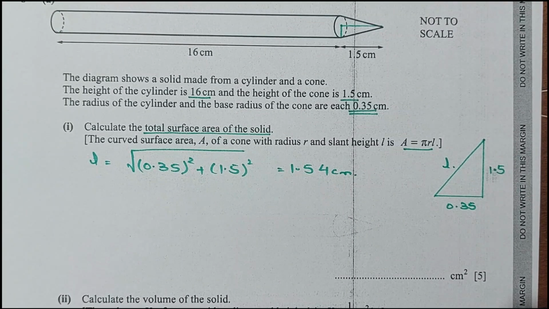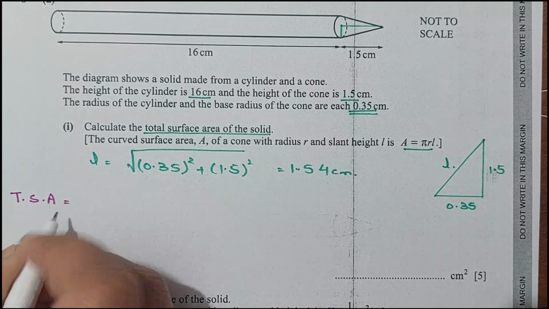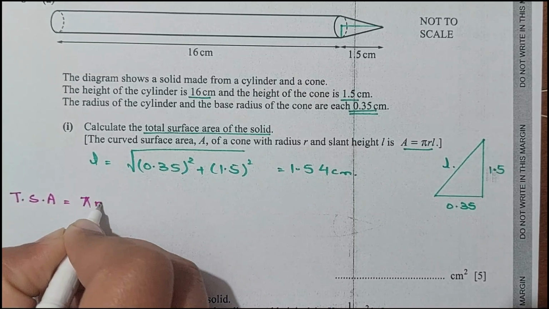Now let me find the total surface area. The area of a circle is pi r squared.